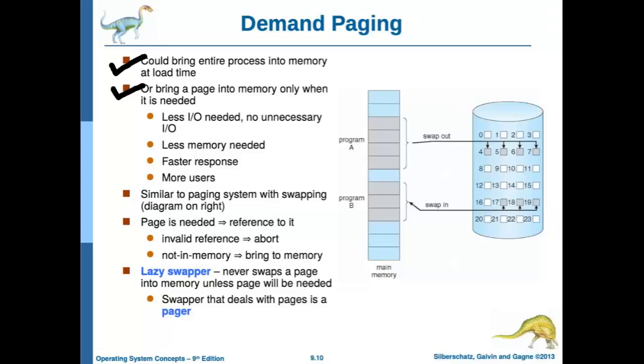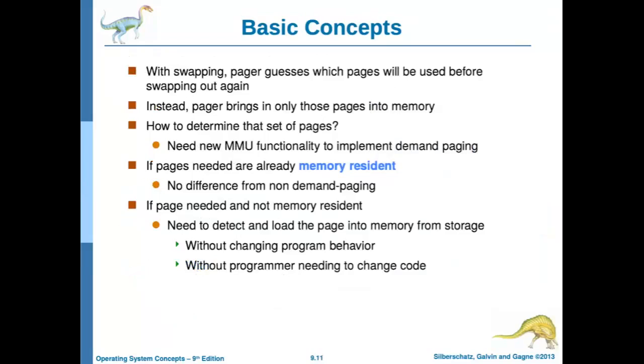Now the basic concept for these is, what happens with swapping is the pager guesses which pages will be used before swapping out again. Now how to decide on that? Looking at the nature of the program, for example, let me give a very simple example. Suppose you are writing a C or C++ program wherein global variables are there.